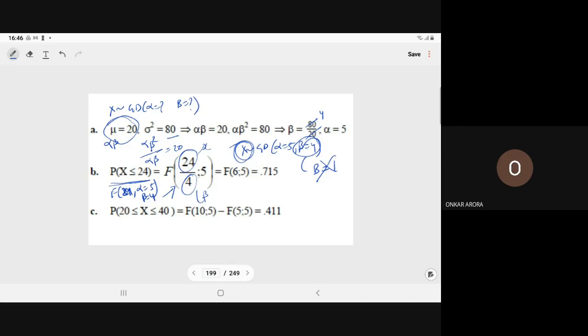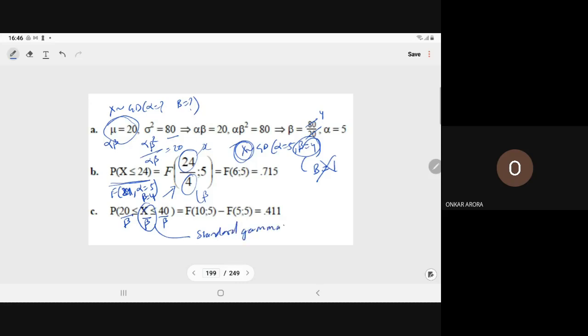Similarly, when x lies between 20 and 40, if you divide by beta, this will become the standard gamma.